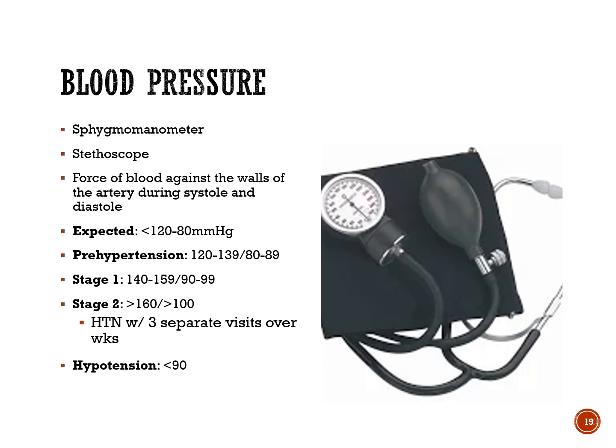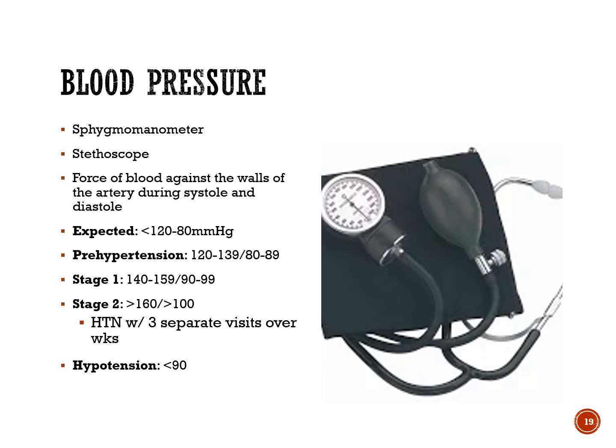And then it goes even higher: pre-hypertension, stage 1, stage 2. Stage 2 is when they have hypertension at 3 separate visits over a period of weeks. That's when it would actually be determined that they do have hypertension.